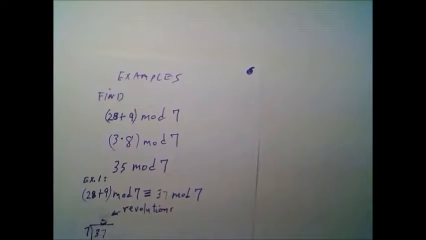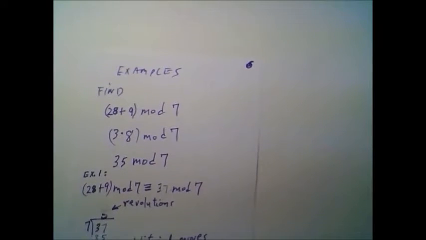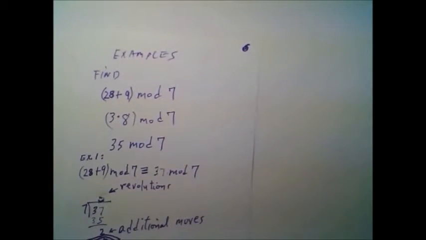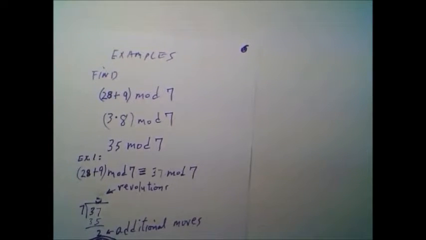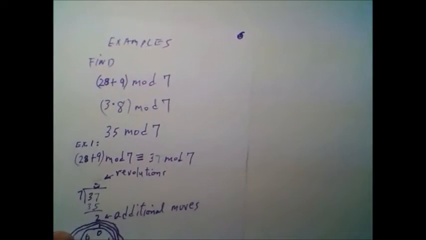That means that we will have 5 complete revolutions. So we have to go around the clock. We always start on 0 when we're doing modular arithmetic. We start on 0, and then we would go 5 revolutions around the clock. That's the 5. That represents the total number of revolutions.